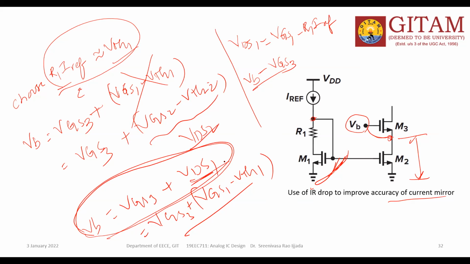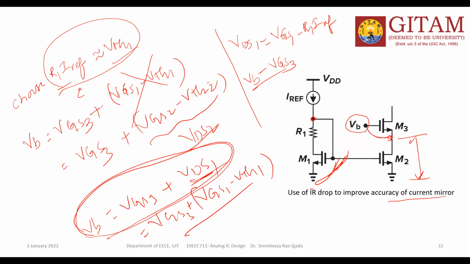This is the one circuit solution for the previous problem. So what we are doing here? We just added the R1 resistor at the M1 drain. That way, we can make VDS1 equal to VDS2. In our mind, we should keep only one point: VDS1 and VDS2 should be equal.